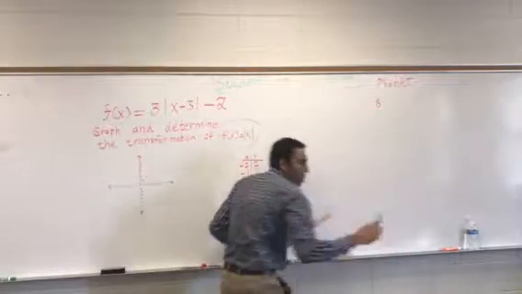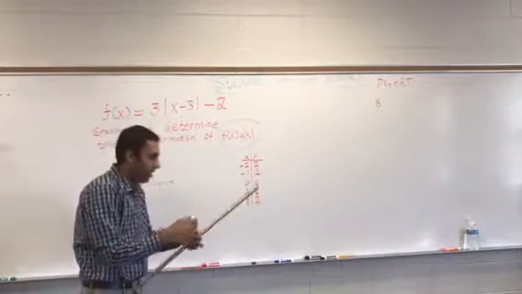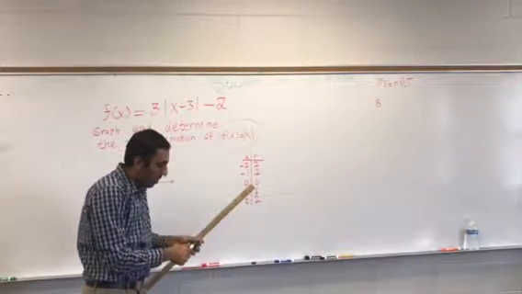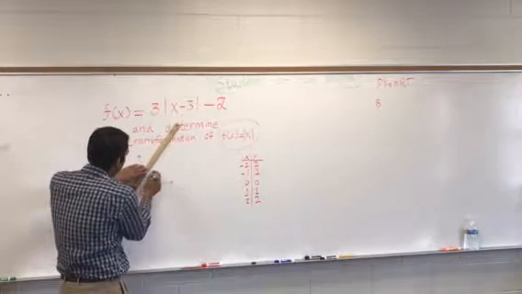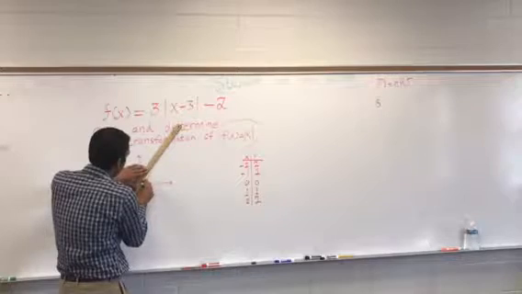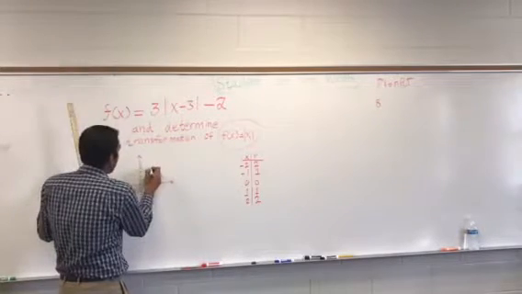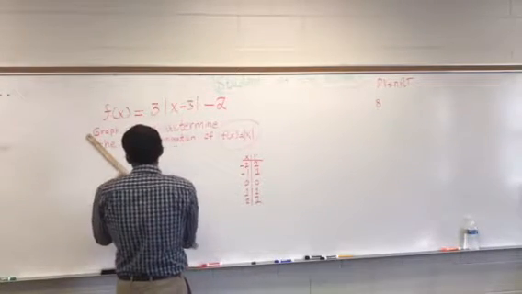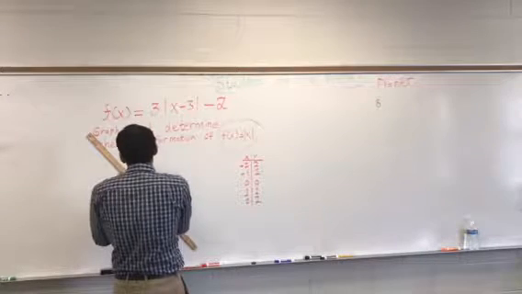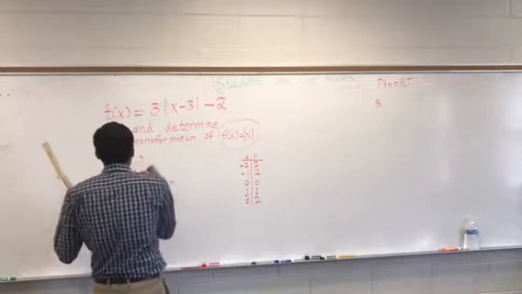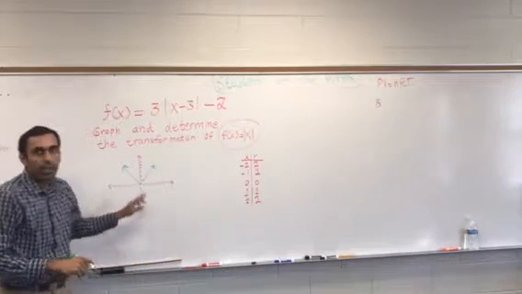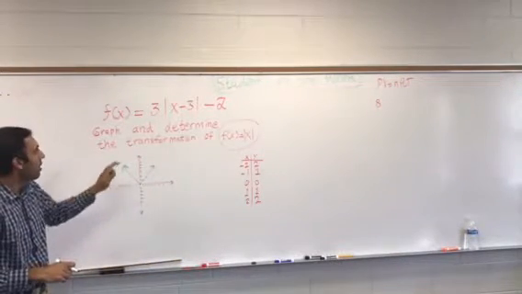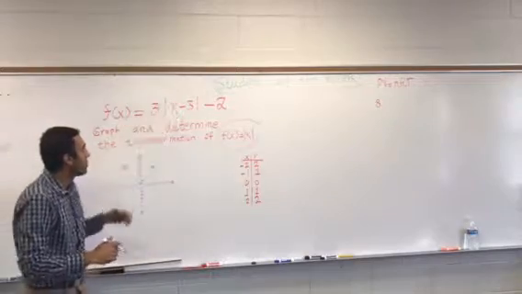I will use green. I hope nobody is green blind. Okay, so let's go this way. And there you go. Oh, that is the ugliest error ever. All right, here you go.